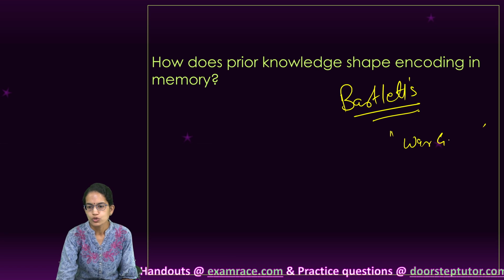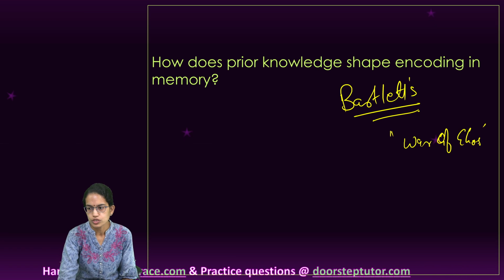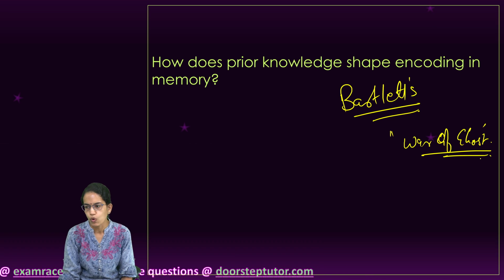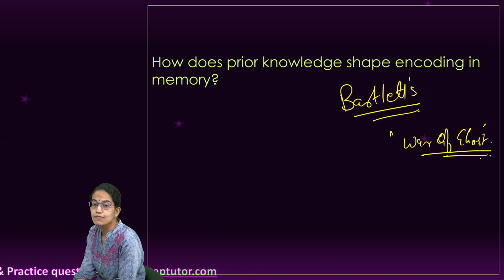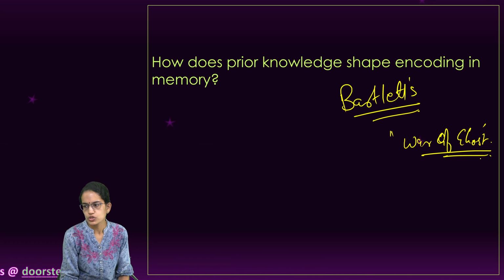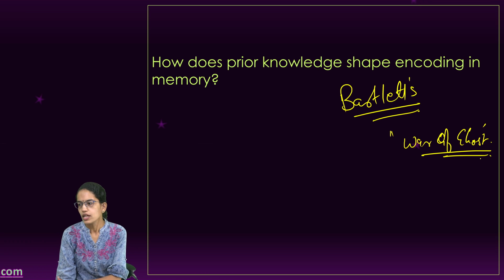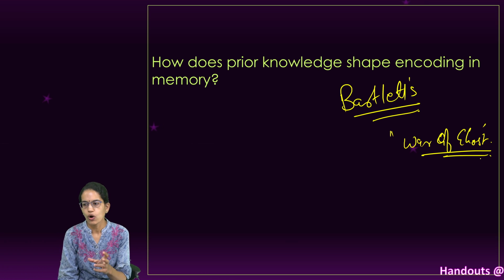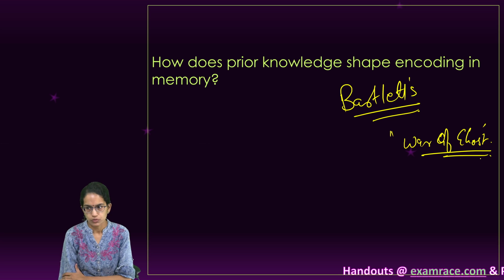War of the Ghosts was the story, and the major finding was that participants had difficulty in recalling the concepts of the story. When they were told to recall, they either shortened it too much, or there were very few words they could recall.